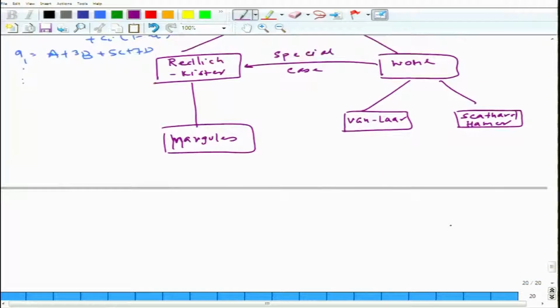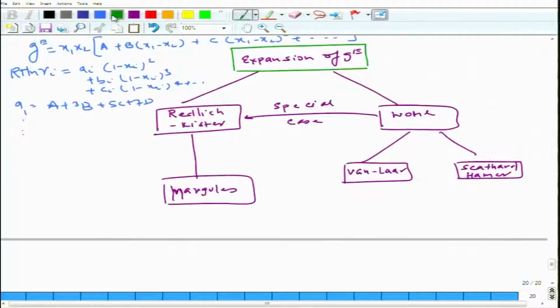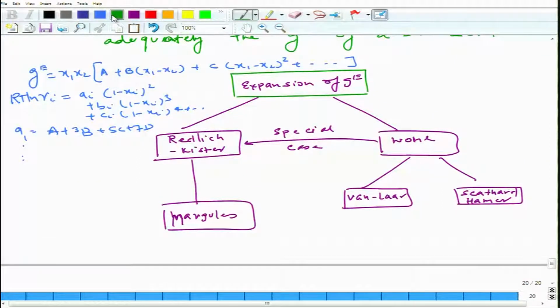Let me come again to the generic term we have written here. The number of constants A, B and C in the generic expression depends on the complexity of the system we are going to consider.